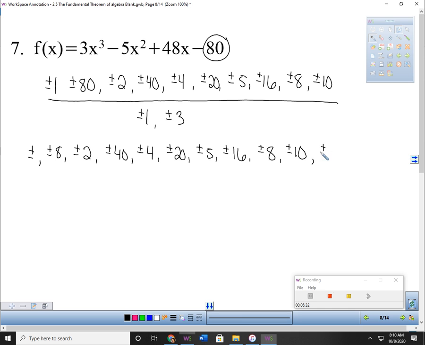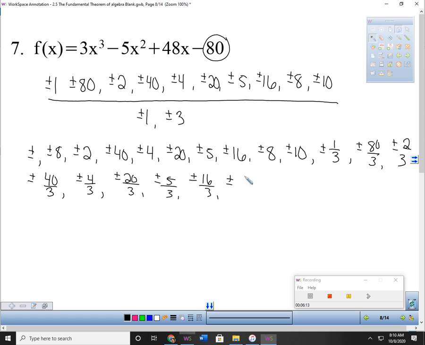So I've got 1/3. Then I've got 80 over 3. 2 over 3. 40 over 3. 4 over 3. 20 over 3. 5 over 3. 16 over 3. 8 over 3.